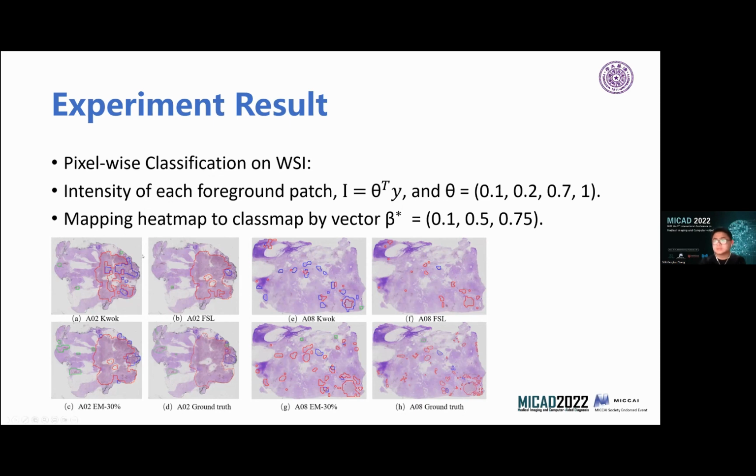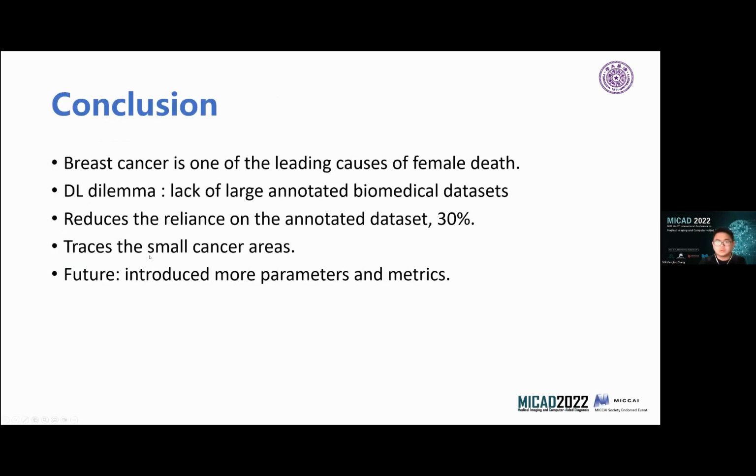So in conclusion, breast cancer is a leading cause of female death, and recent deep learning methods cannot classify it correctly. So we propose an EM model to approach this solution, and we can solve the deep learning dilemma, which is the lack of a large annotated biomedical dataset.